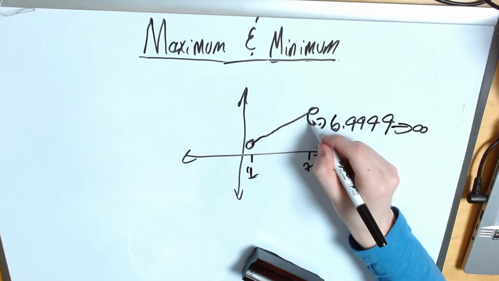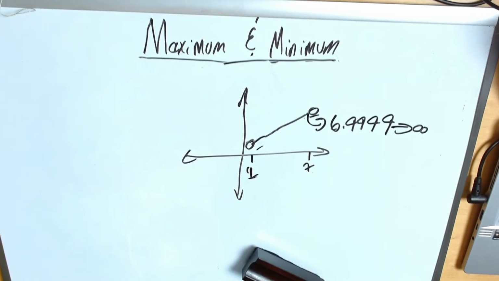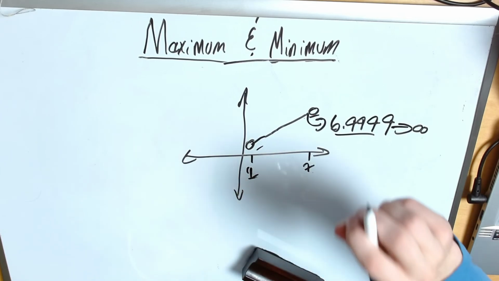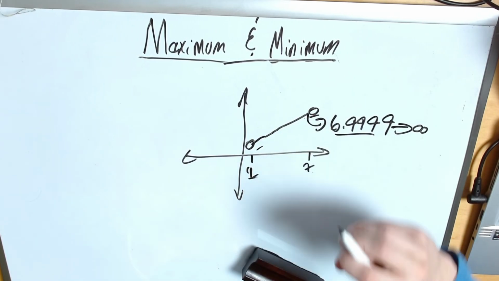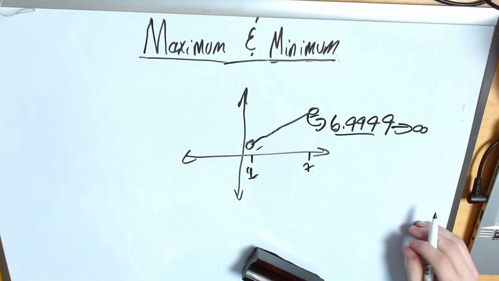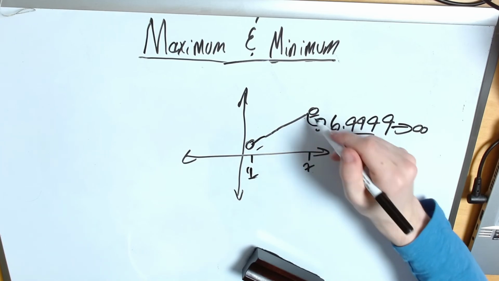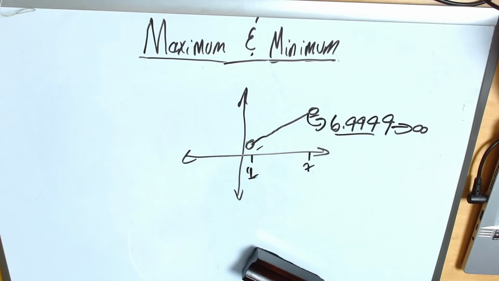So when we have open circles at our maximums or minimums, we simply do not have them, because we could keep going infinitely closer to those points, and we could keep going higher. Since we can't actually get to those points, we can't have that highest point. So when the open circles are at the maximums or minimums, there is no maximum and no minimum.